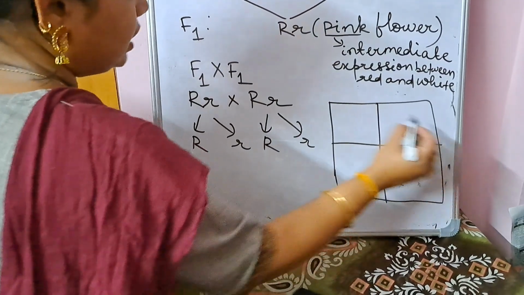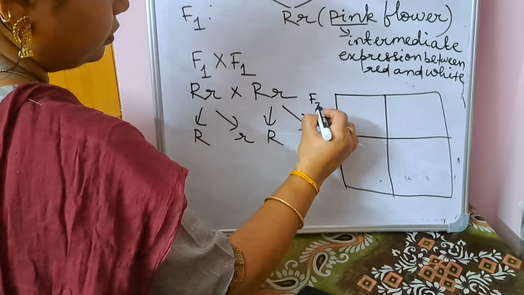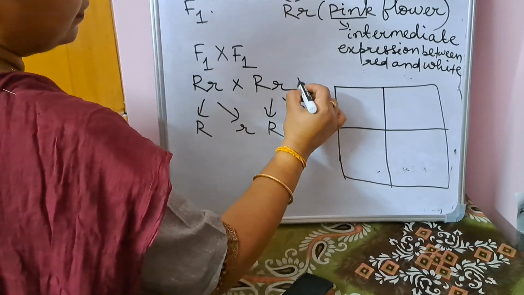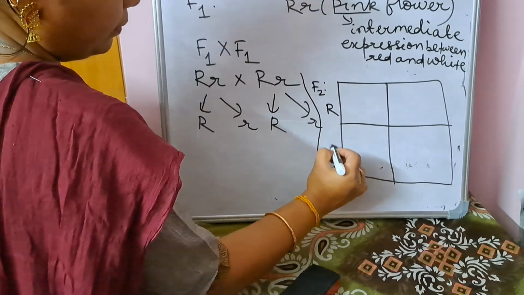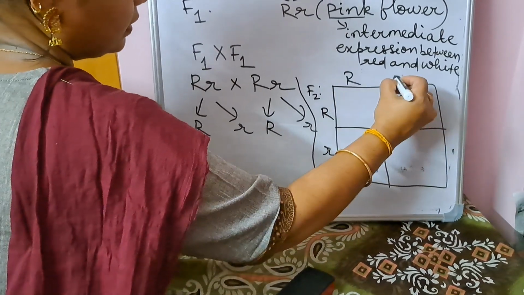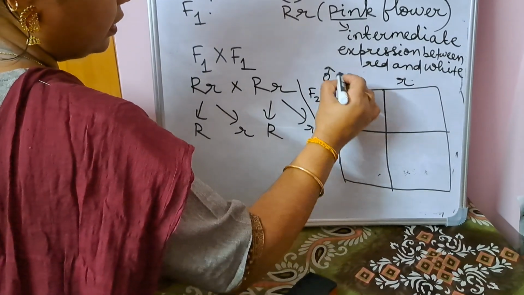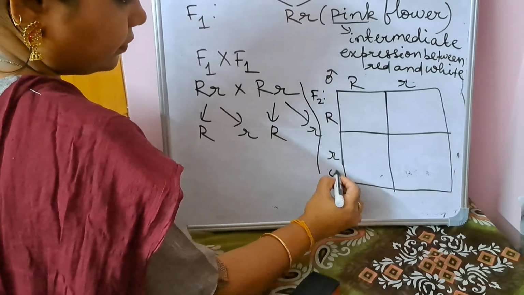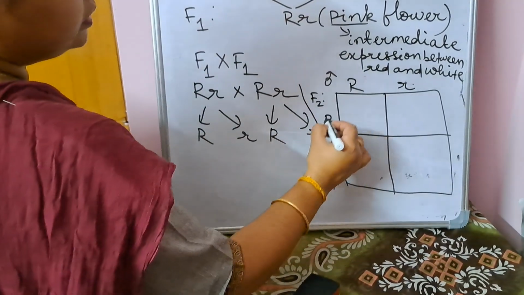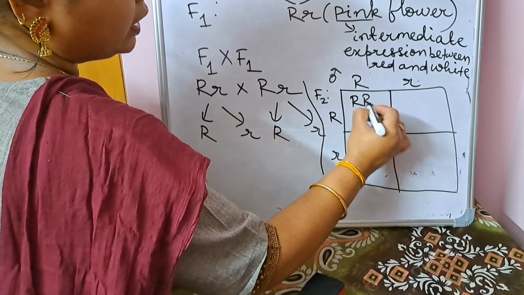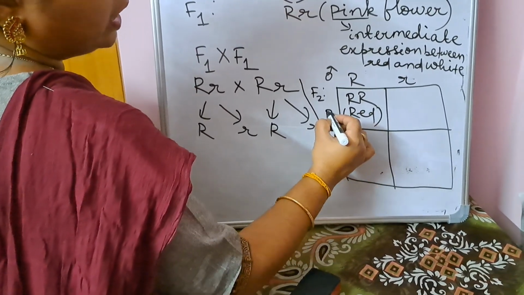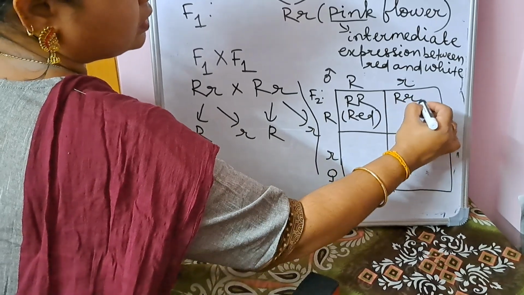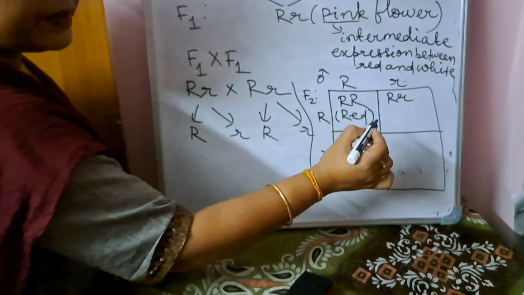Now here you see in F2, now you take here the gametes. Now these two, it will be capital R capital R, and the phenotypic expression will be red. And these two, it will be capital R small r. Here it won't be red.